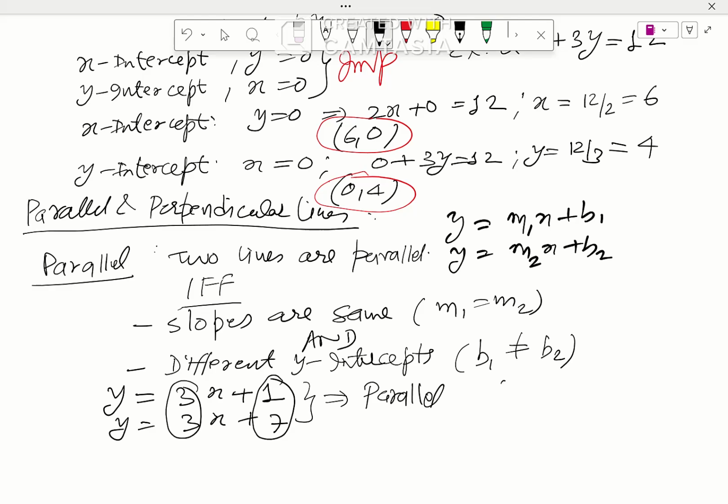What about these two equations? y = x + 2 and y = x + 2. In this case, their slopes are same, but the intercepts are also same. So when both the things are same, then essentially it's only one line. These are not two lines. So we can't call them parallel because they meet at every point. Parallel lines never meet with each other.